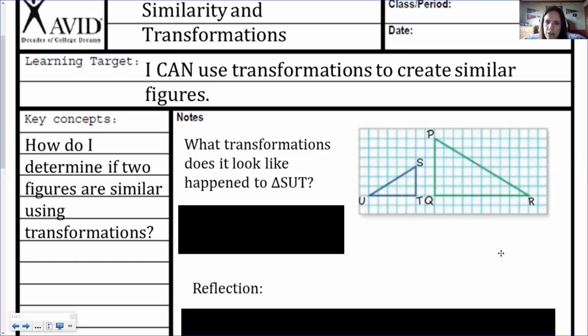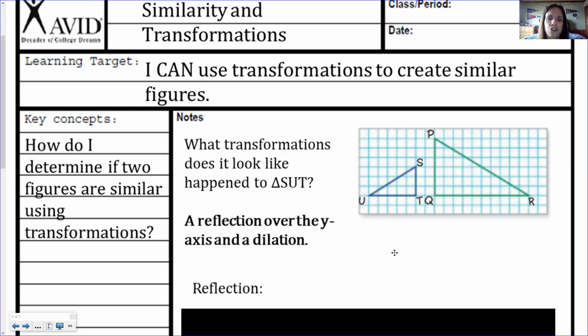The direction of the triangle changes, and what would cause that would be a reflection, if we could say that the y-axis was here. So a reflection over the y-axis. And then the size definitely changed. So which transformation deals with that? That would be a dilation. So this is what looks like happened: a reflection over the y-axis and a dilation, okay?